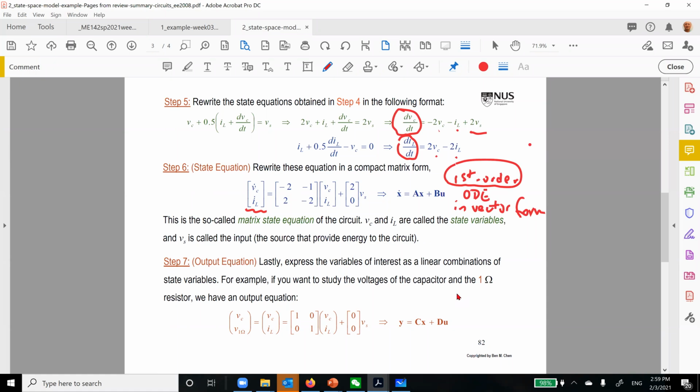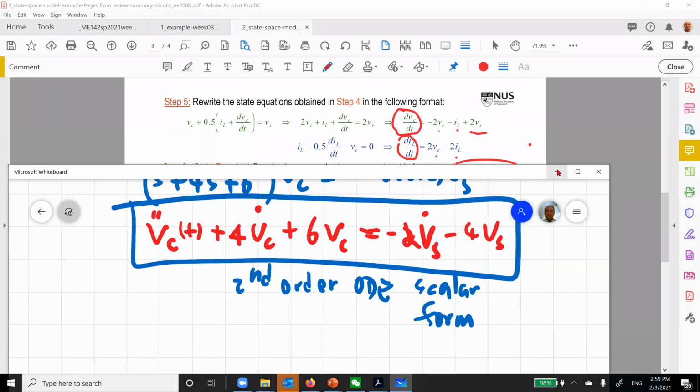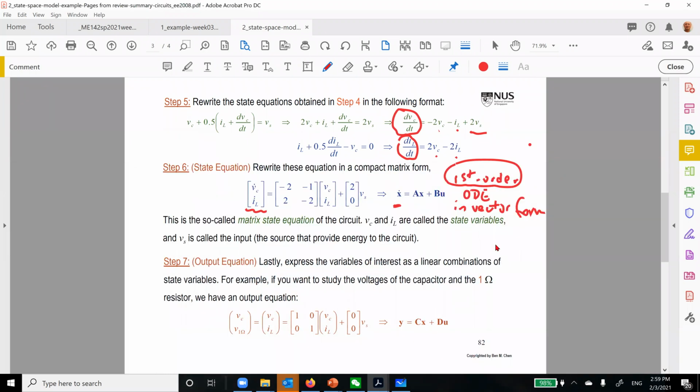First order, you only have one dot. You don't have a double dot like here. So it's messy. So that's why state space is more welcome and especially nice in Simulink. So that's for the state equation.